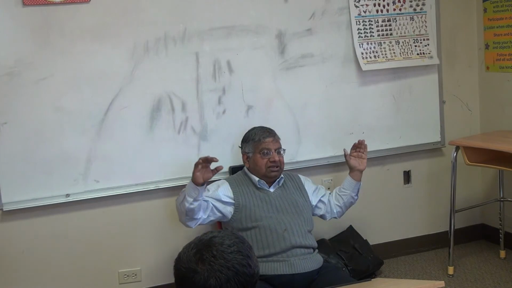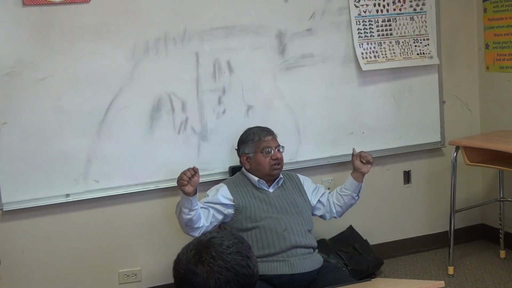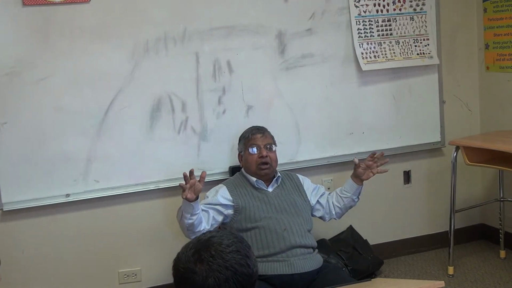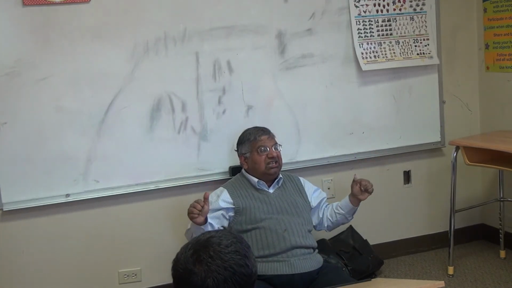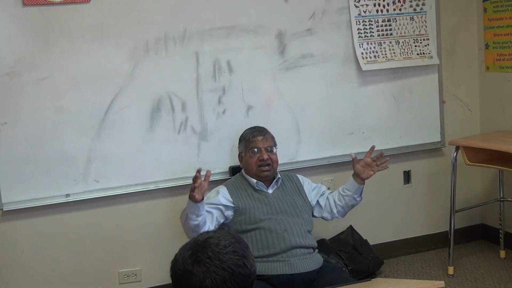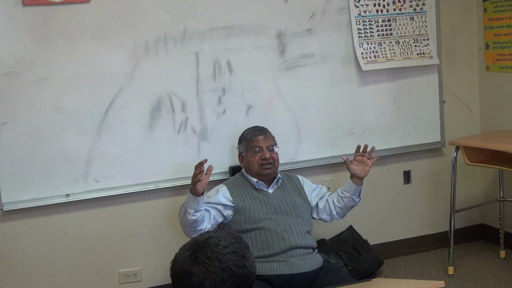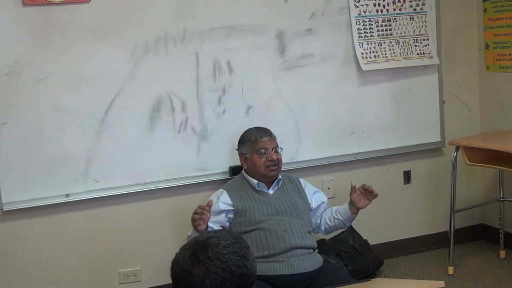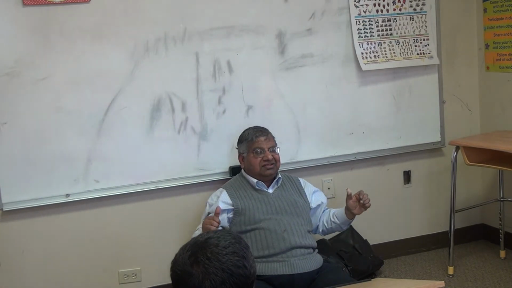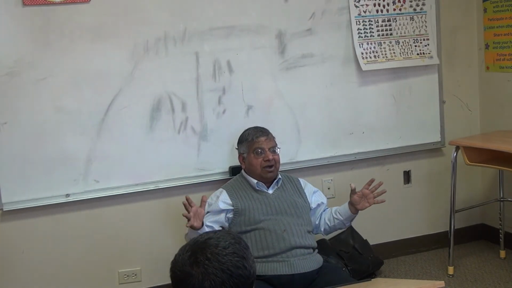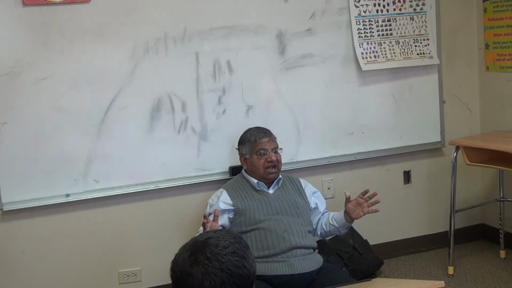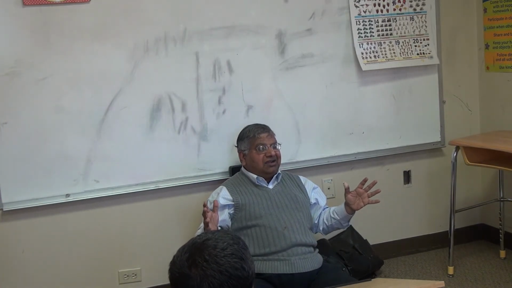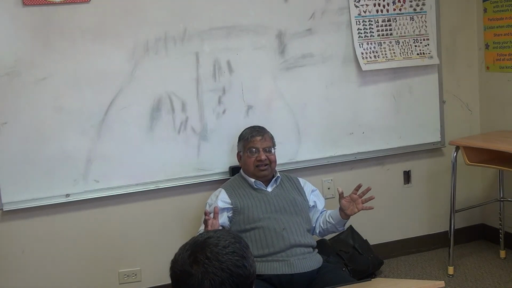So let us say ka, kha, ga, gha, nga, cha, chha, ja, jha, nya, ta, tha, da, dha, na, ta, tha, da, dha, na, pa, pha, ba, bha, ma, sha, sha, sa, ha, ya, ra, la, wa.